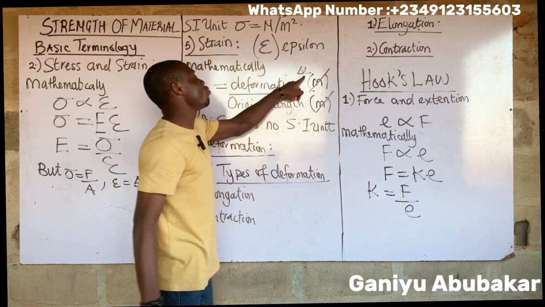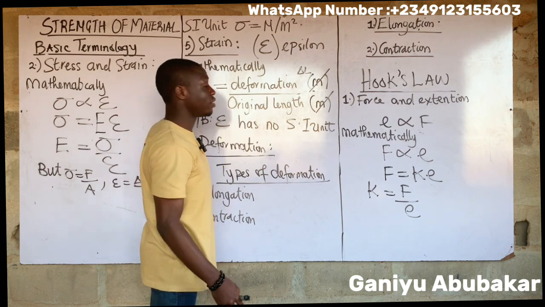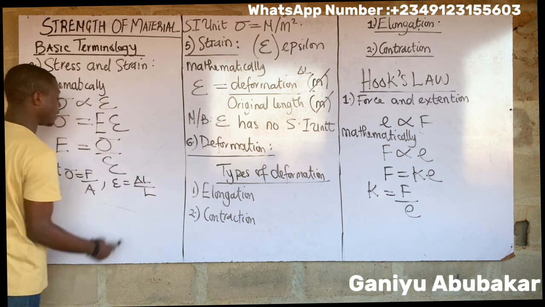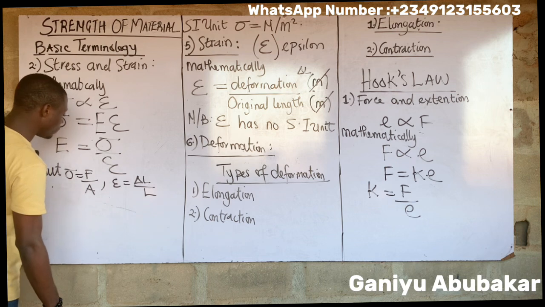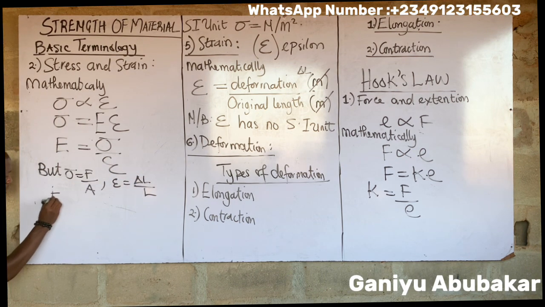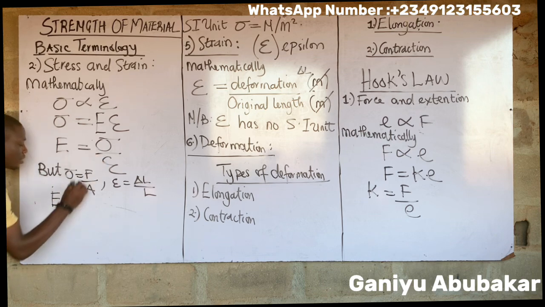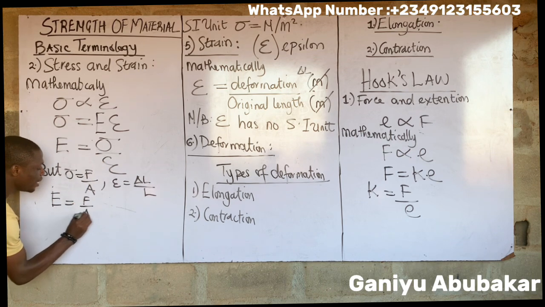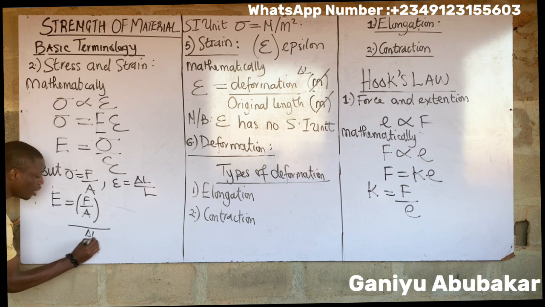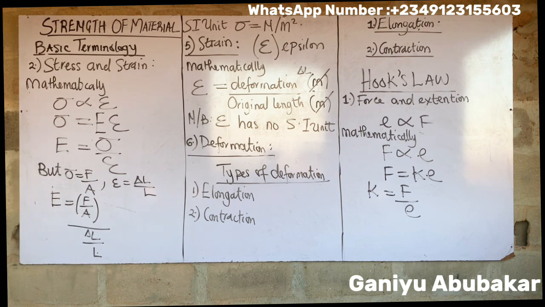This one is for representing deformation, right? So I have deformation over original length, L, right? So at this point now, putting this stuff here, what do I get? E is equal to what? Stress, force over area, divided by strain, change in length over original length.